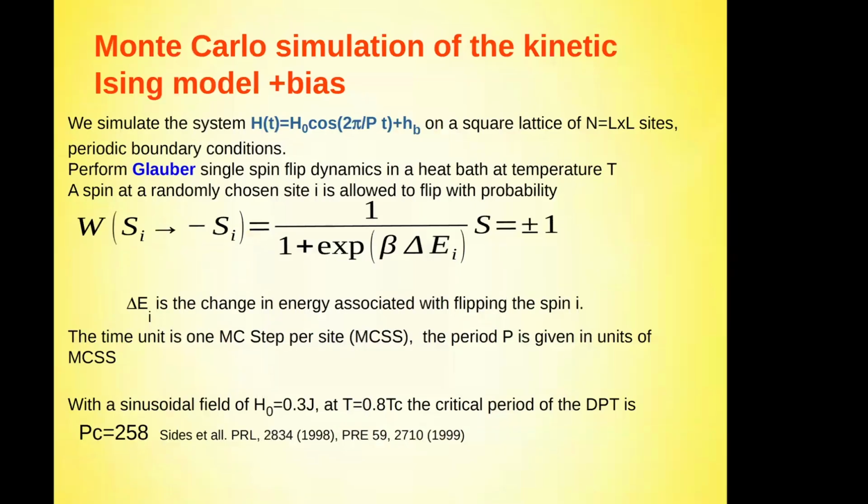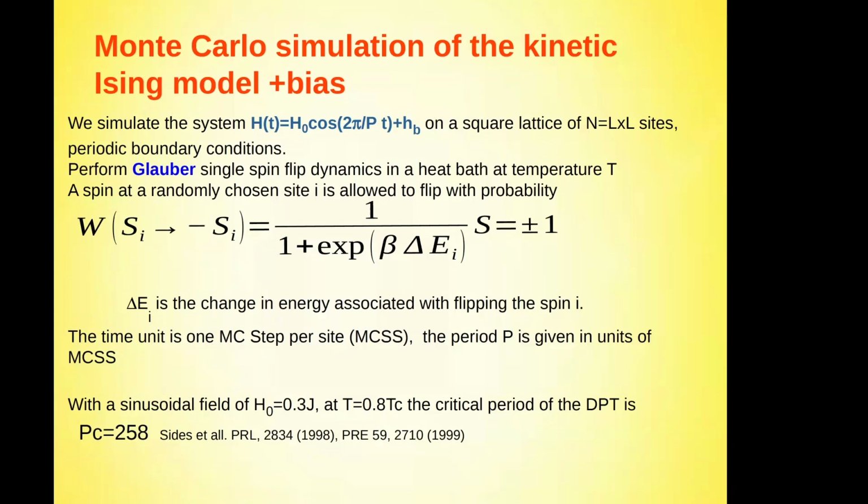Okay, so what we are going to do is try to understand what is happening in the experiment by performing a Monte Carlo simulation of the kinetic Ising model plus a bias. So now we take the ferromagnetic Ising model and put in an oscillating field of period T plus a bias.